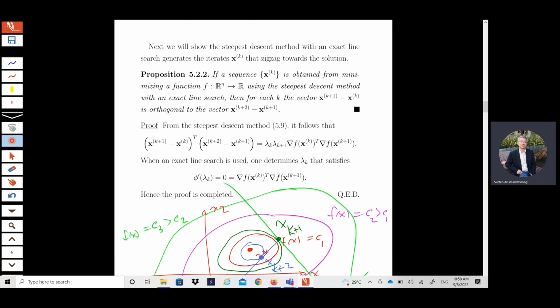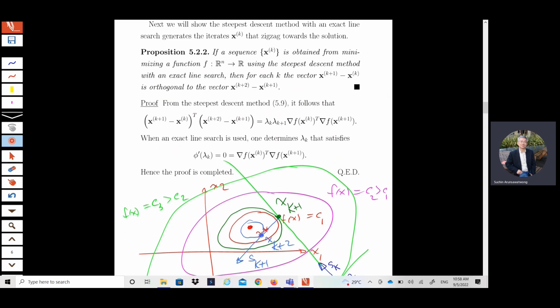First, we have to prove that this is equal to 0. You see that when we use an exact line search in the iteration k, what is it?